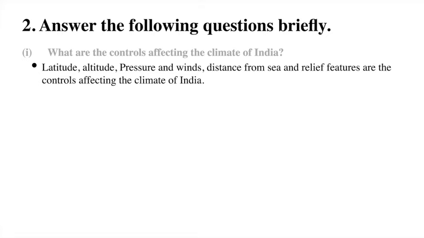Then distance from sea. The distance of a place from sea affects temperature and rainfall. And the relief features, as I have already told in the lesson, like the Himalayas, the Western Ghats, and mountain ranges in northeastern states, affect India in two ways.